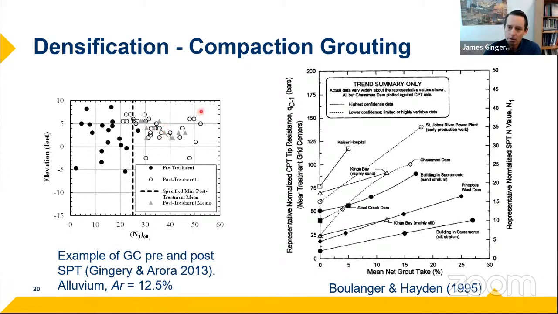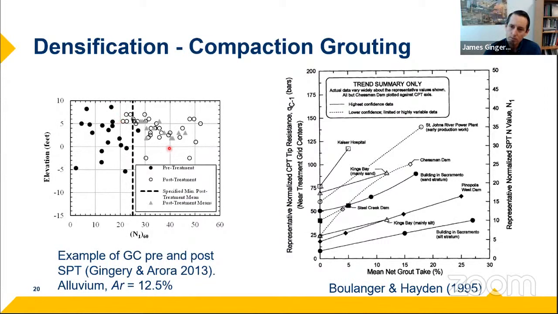I like to emphasize that when we're doing earthquake engineering, just like with any geotechnical engineering, there's always variability in the soil. And we don't want to design for the very lowest blow count, because that's not really representative of the overall soil mass and the average properties that we would rely on in the design. So we shouldn't set specs that are based on the very lowest blow count that you will ever achieve in a project.